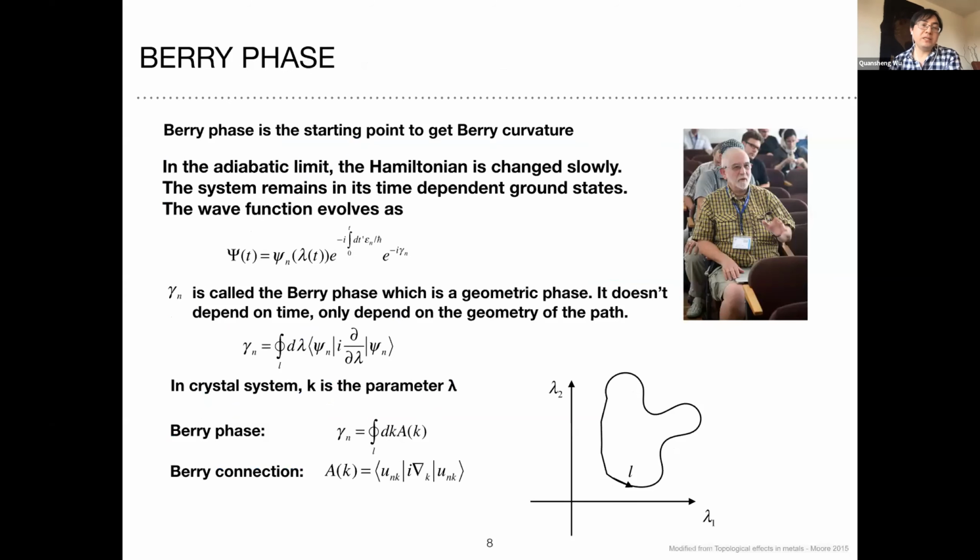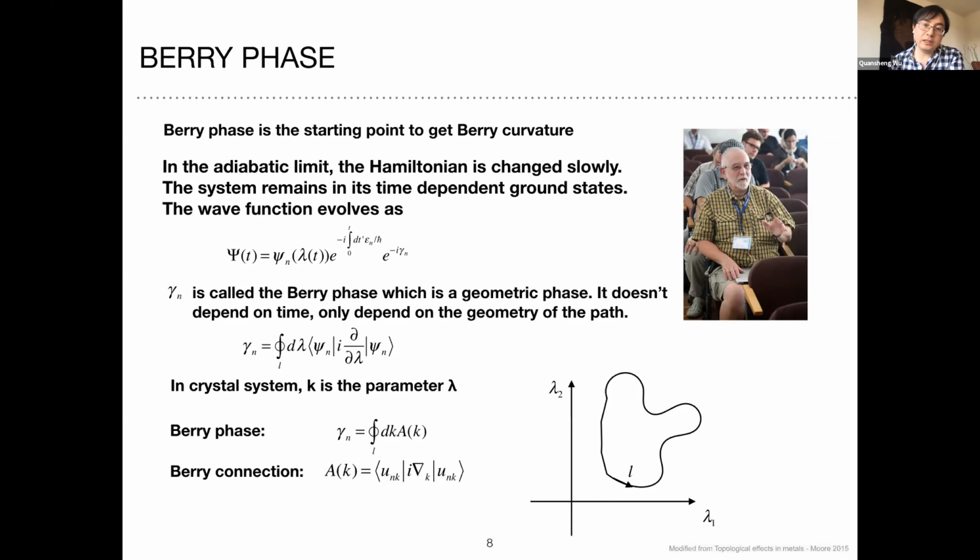Let's start from the Berry phase. The Berry phase is a kind of geometric phase, and it was introduced in quantum mechanics by Berry. He argued that in the adiabatic limit, where the Hamiltonian is changed very, very slowly, the system remains in its time-dependent ground state. In this case, the wave function will evolve like this.